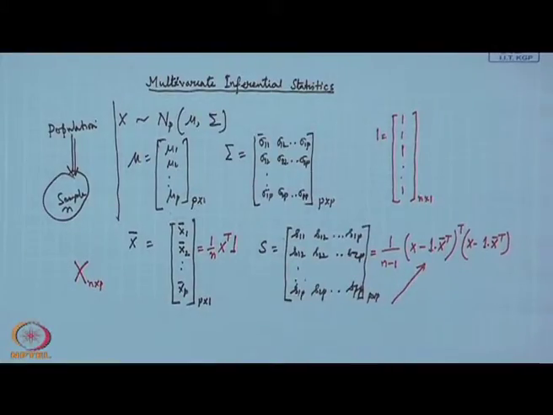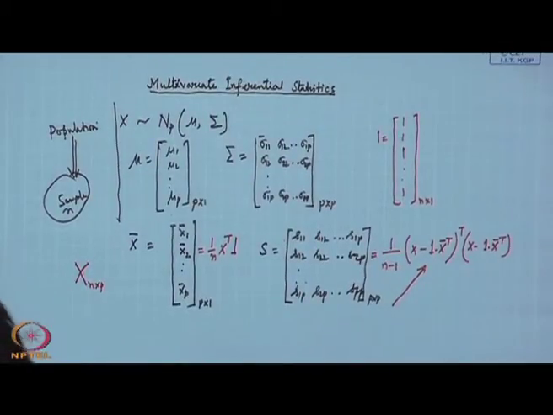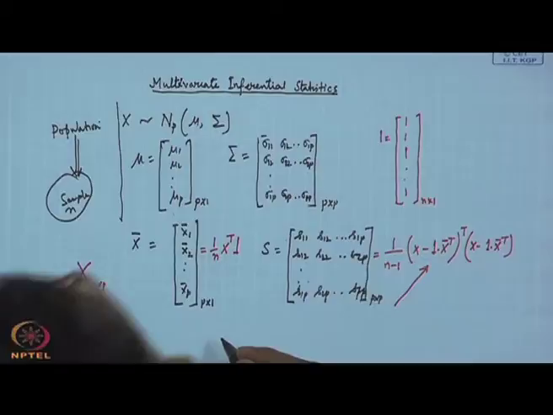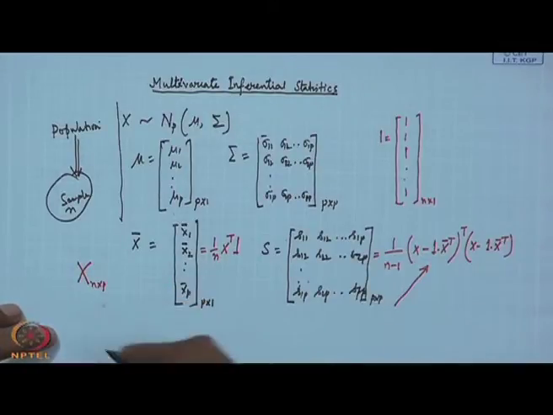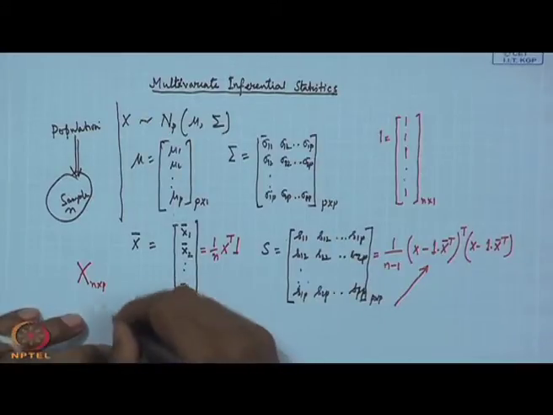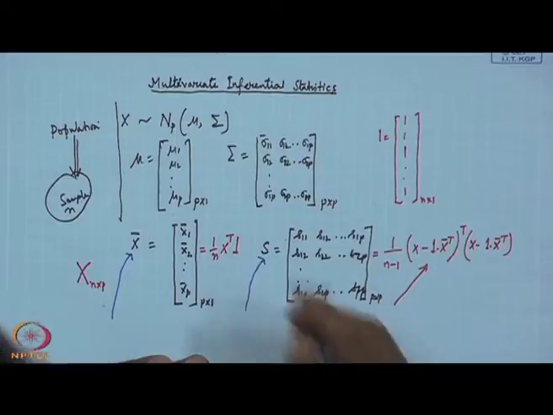Fine. Now, when we talk about inferential statistics, you have seen in the univariate case also that we talk about the distribution of the statistic of interest. For example, you may be interested to know what is the distribution of x bar. Similarly, what is the distribution of S?